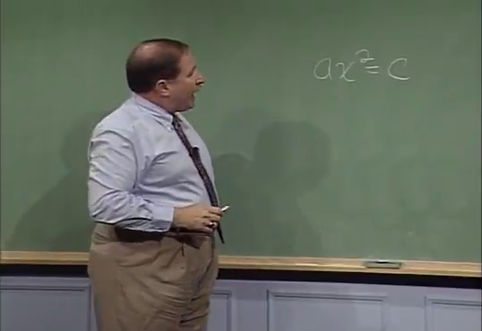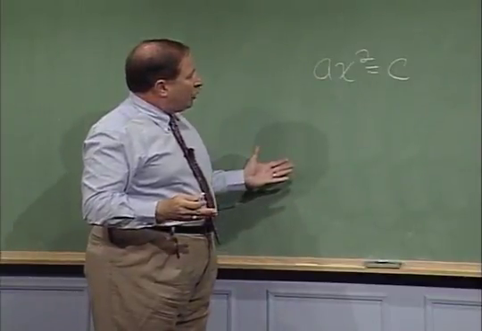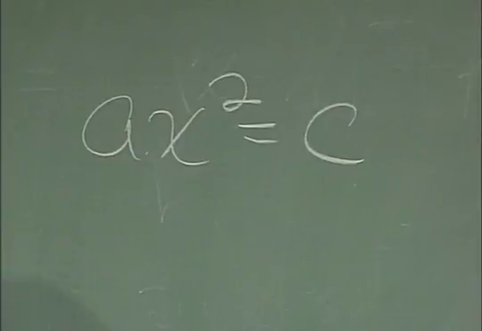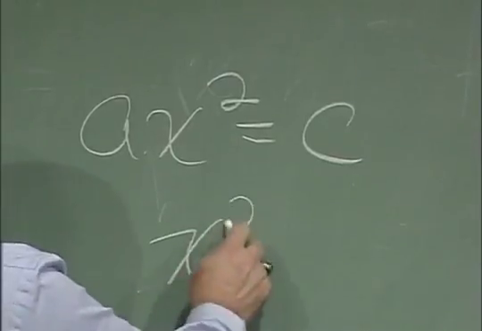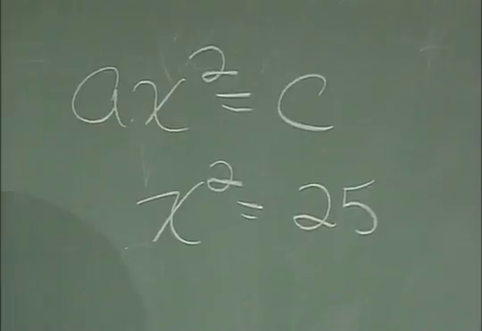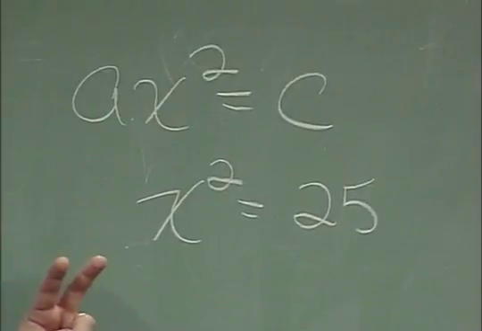Well, that is simply a quadratic equation. We want to isolate the x squared and take the square root of both sides. So we divide both sides by a and then take the square root of both sides. For example, if we have x squared equals 25, when we take the square root of both sides, we're going to get 2 answers.